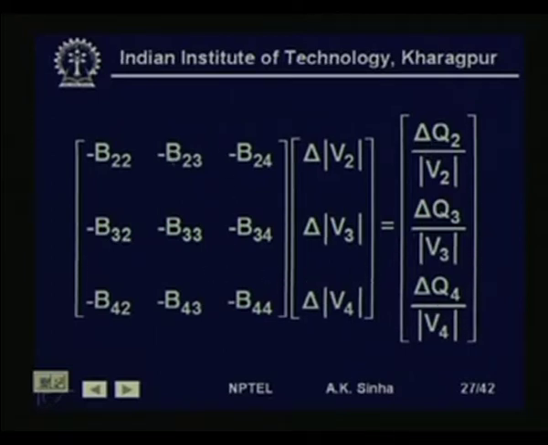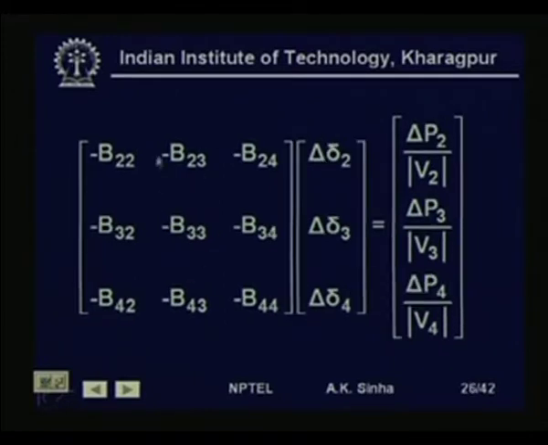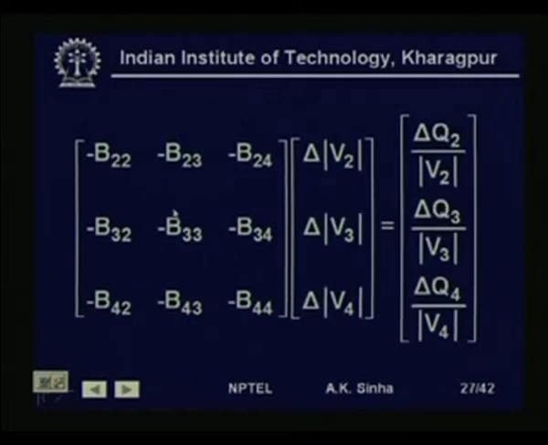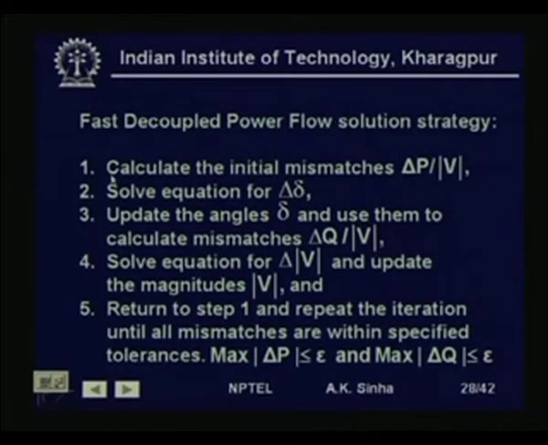The two matrices are generally termed: this matrix is the B dash matrix, that is, B dash into delta delta is equal to del P by V, and this matrix is called the B double dash matrix, so B double dash into delta V is equal to del Q by V. So, this is the expression that we have, and this is the algorithm that we use for solving the power flow using the fast decoupled power flow method.